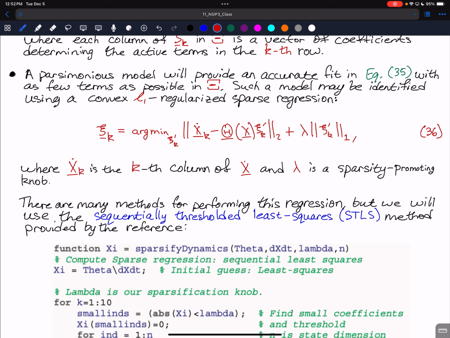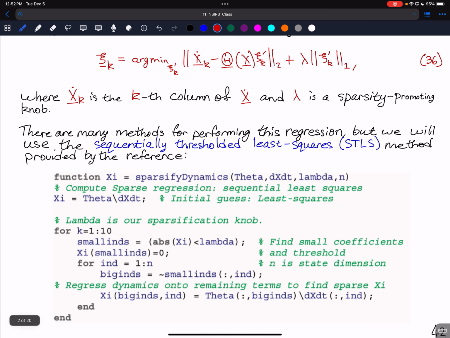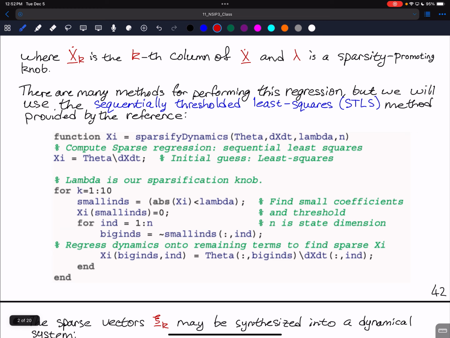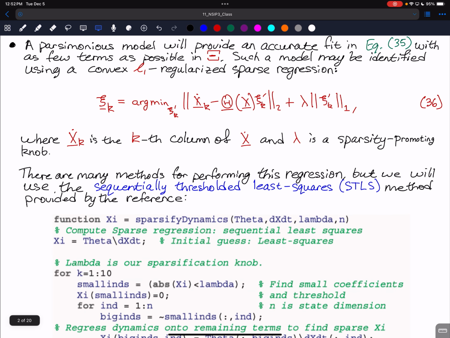So I can't comment specifically on what each term is doing in this, but what I can tell you from experience with this approach is that it does this regression here. And then it asks what terms are small, and sequentially sets those to 0. And it's an implementation of this condition here.